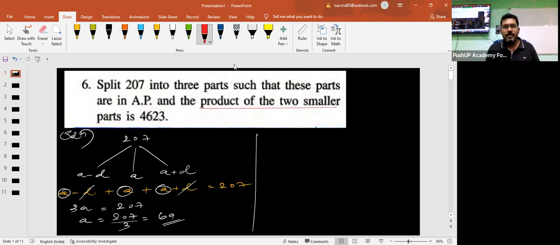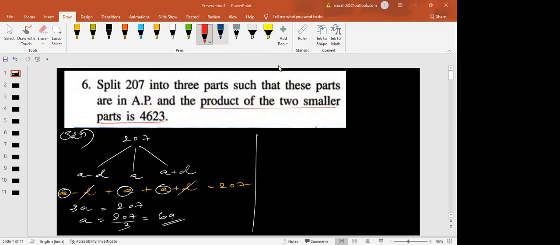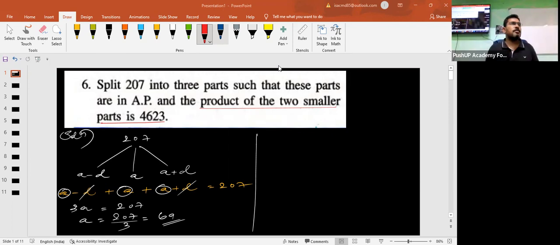Now let's follow the second condition. The product of the 2 smaller parts is 4623. Which are the 2 smaller parts? I think A minus D as well as A, because the third part will be the biggest value.